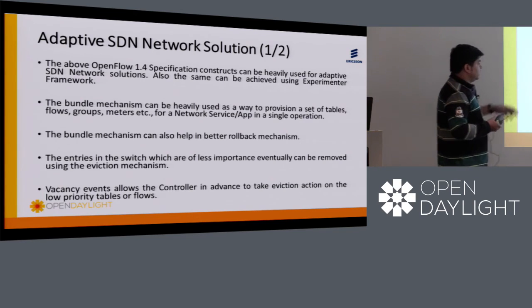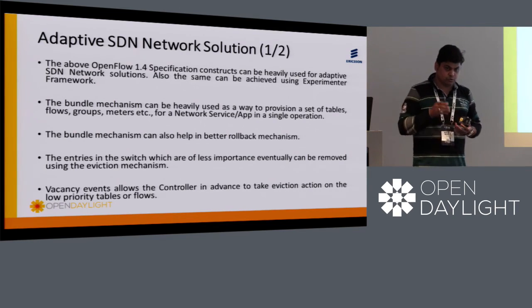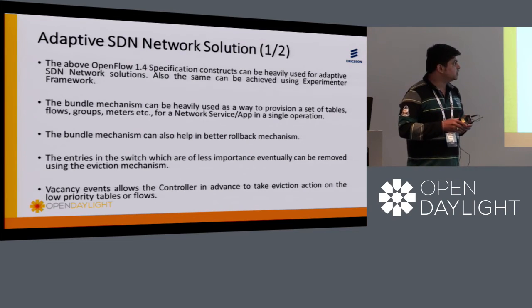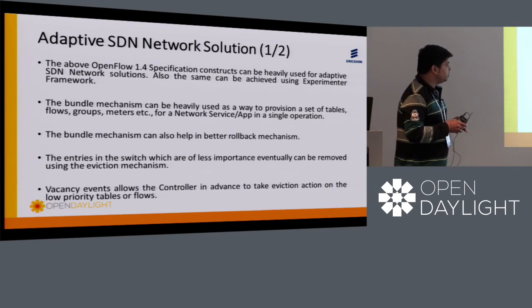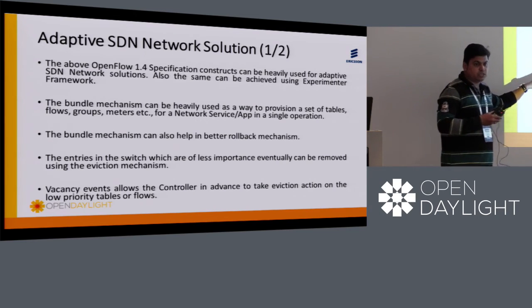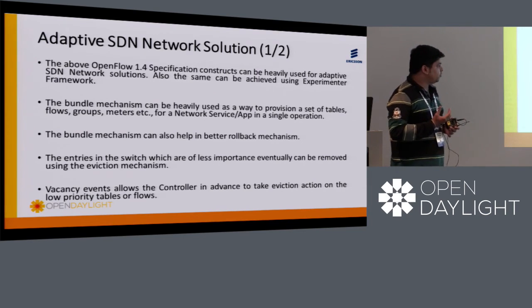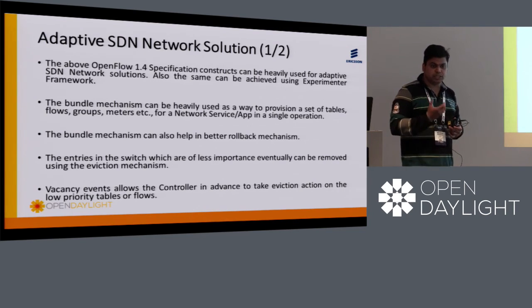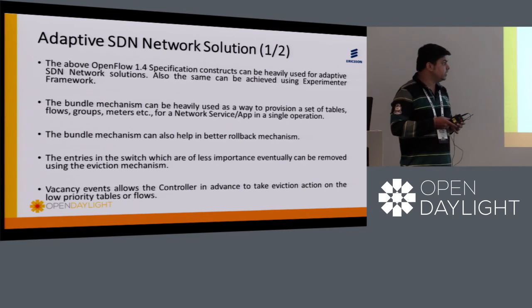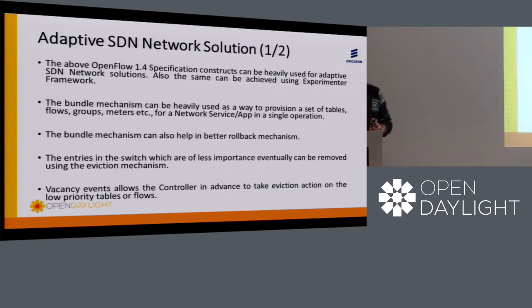The other use case was when you had so many flows which are not getting hit, but they are simply taking up the table space. That can be solved using our other 2 constructs, eviction and vacancy events, where you get an early warning from the switch that the table is about to get filled, and you can go ahead and remove the flows which are not getting hit, and provision the more important flows.